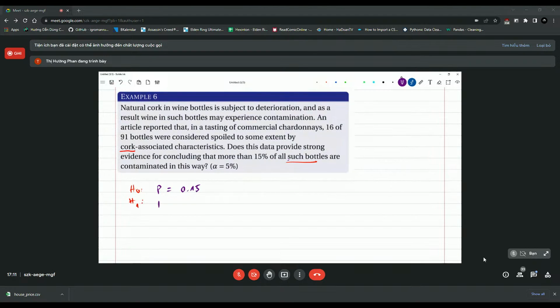And in this case, very clearly, we use a one-sided alternative hypothesis, so we write p greater than 0.15. Okay, and summarize the information. Tell me, what are the value 16 and the value 91 in this case?